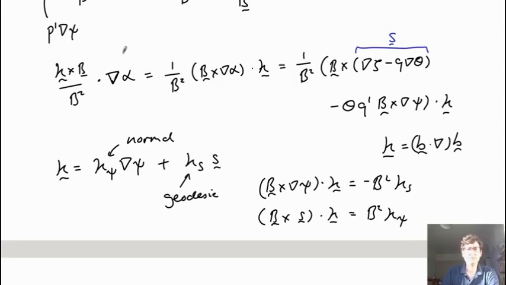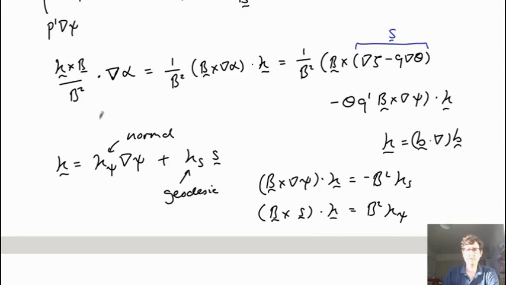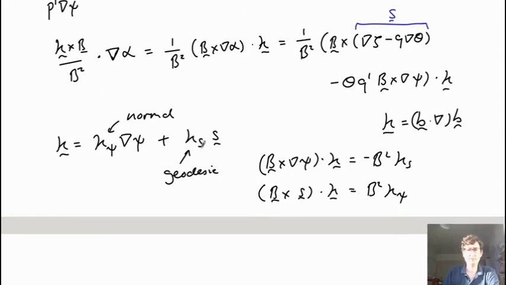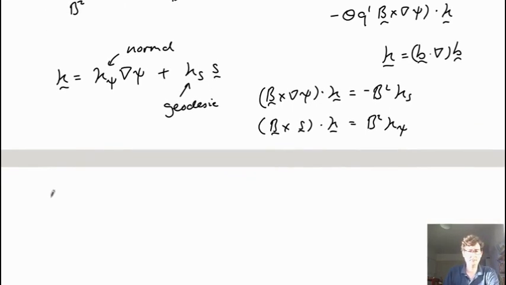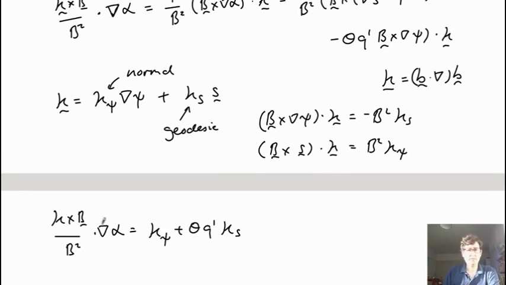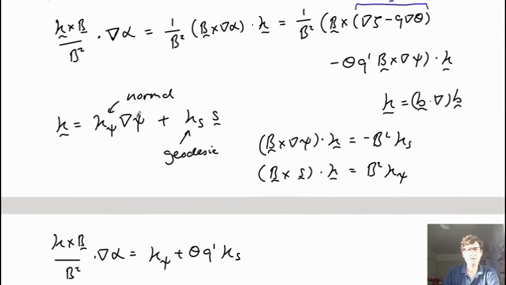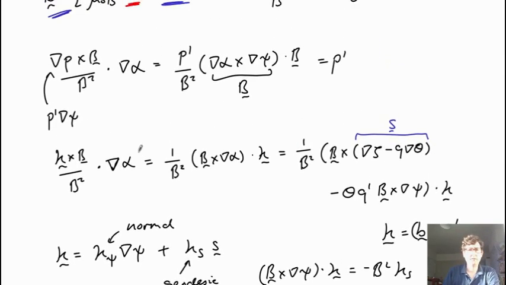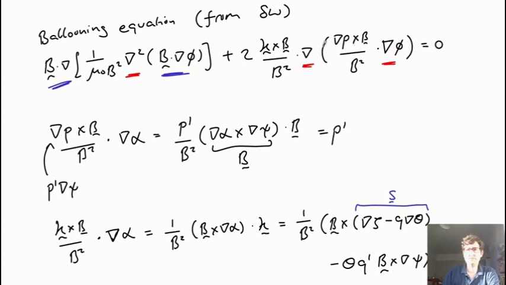So the result is that we can write this term, kappa cross b dot grad alpha, in terms of these normal and geodesic curvatures. And so now putting everything together, we have an expression for kappa cross b dot grad alpha, and the term for the grad p terms. This simplifies these expressions here.